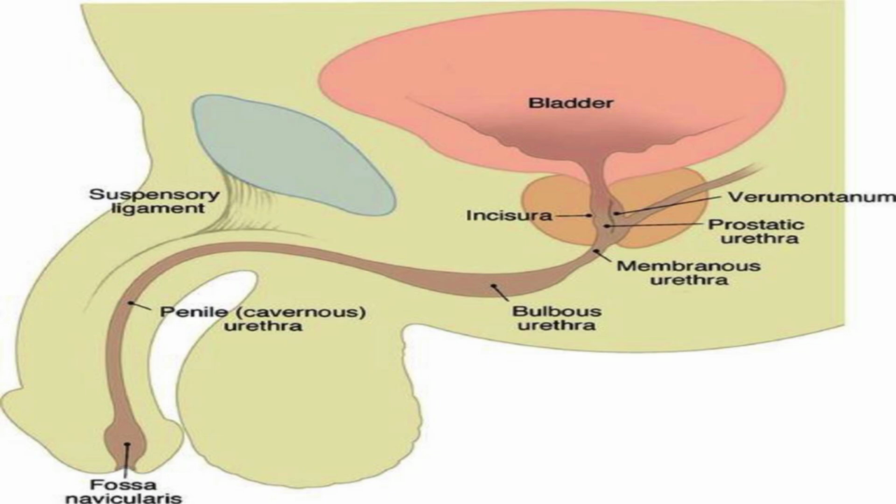When the bulbar urethra terminates, the next part is the membranous urethra, which passes through the bony ring of the pelvis. Then the next segment is the prostatic urethra, where the prostate is present around that segment, and then there is the bladder neck, and then the urinary bladder starts.